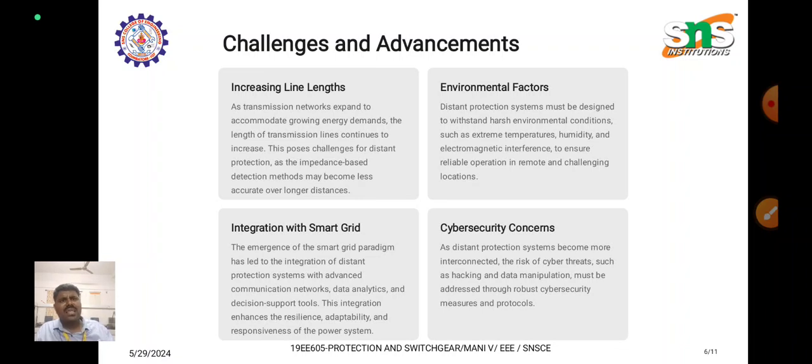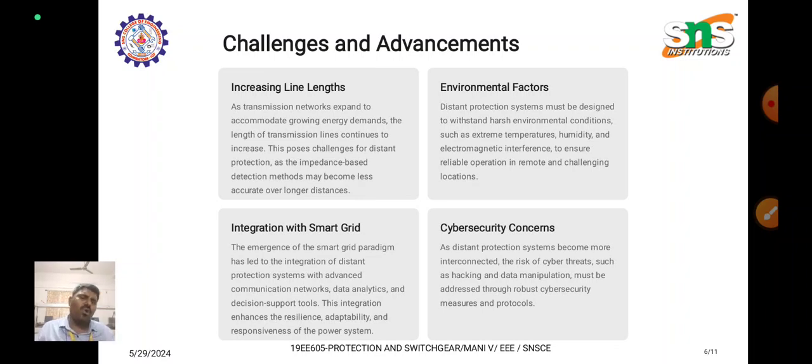And the challenges and advancements. One is increasing line length. Transmission networks expand to accommodate growing energy demand, and so we face challenges in distance protection. The impedance based detection method may become less accurate over longer distances.